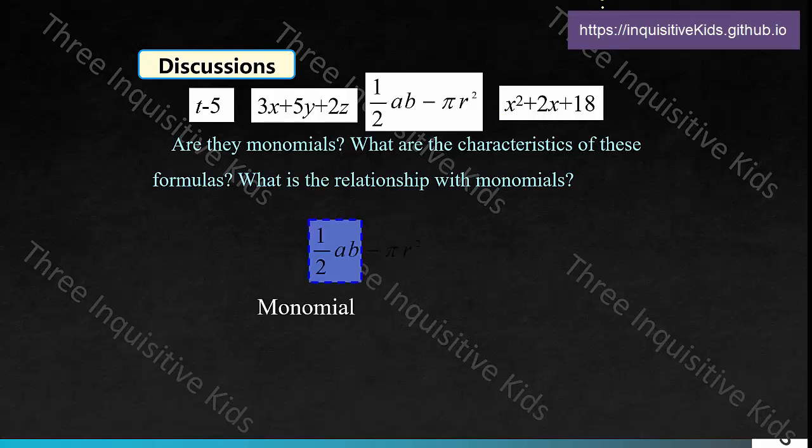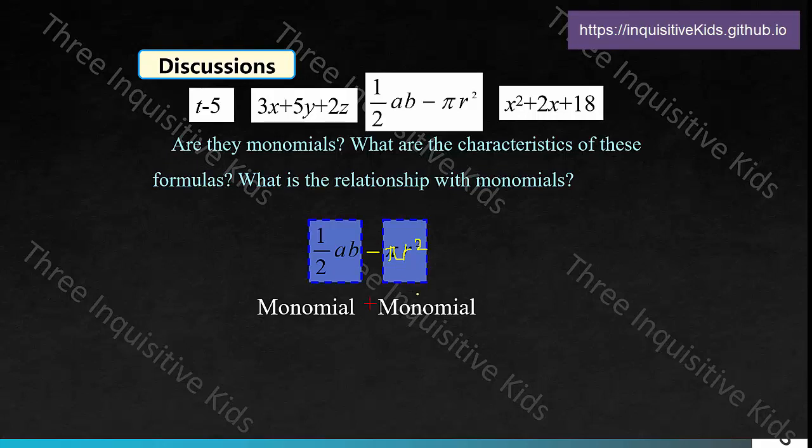Look, so over here we have 1/2 AB minus pi r squared. And this shaded part over here, 1/2 AB is a monomial. So is negative pi r squared. That is also a monomial. So it seems like these algebraic expressions are made up of multiple monomials.